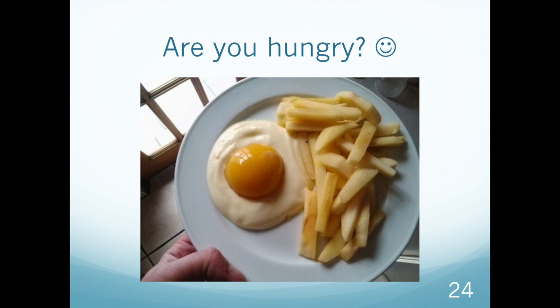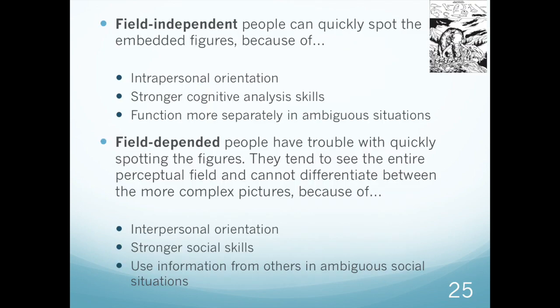So, as a summary, if you look at slide 25, field independent people can quickly spot the embedded figures because of the following characteristics. They have intrapersonal orientation, stronger cognitive analysis skills, and they also function more separately in ambiguous situations. Now, when it comes to field-dependent people, they have trouble with quickly spotting the figures.